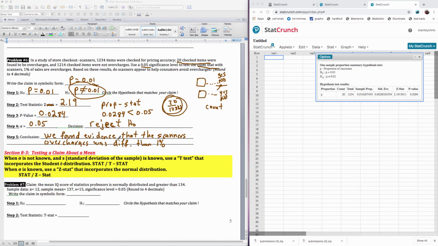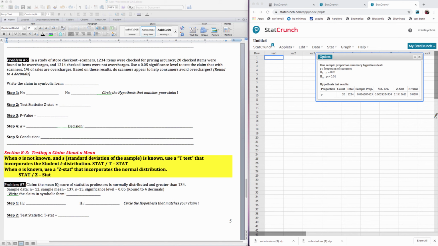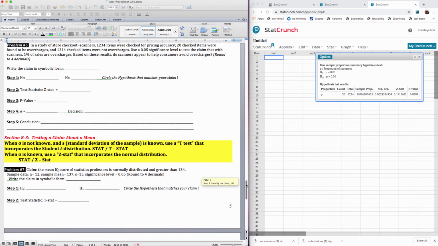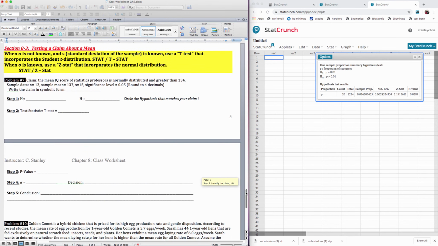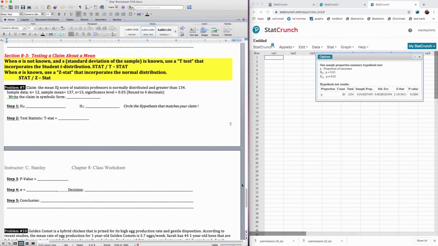A lot of people want to say greater here, but you can't say greater. I know that this result is greater, but that's not what we're really testing. We're trying to say if the 1% is wrong or not. Okay, now we're off to 8.3. Basically, all the proportion tests are sort of like that.